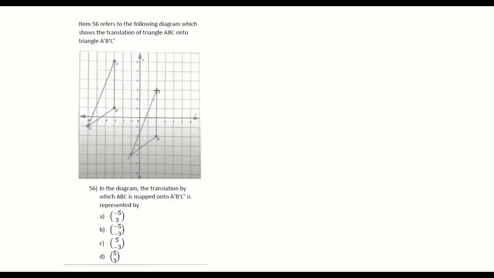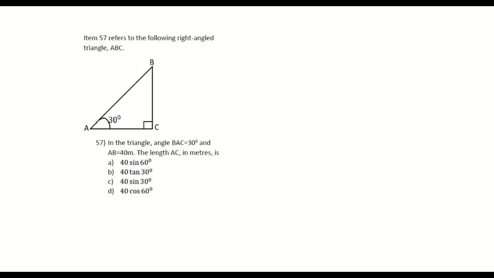You take A, we're going to the left hand side along the x-axis, so it's negative. 1, 2, 3, 4, 5. Right? And then 1, 2, 3, so it's negative 5 and positive 3. So it's E. Right? 57 refers to a right angle triangle.